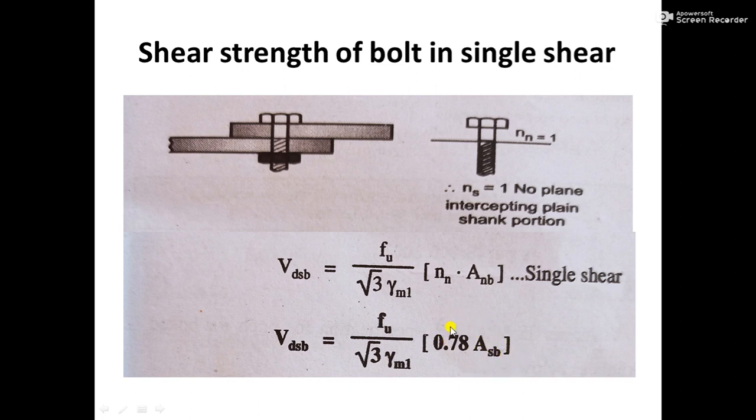This 0.78 is taken because the net area of the bolt is considered, as while bolting a certain area is removed from the plate, so the actual gross area is reduced. So we are going to consider 0.78 of the net area.